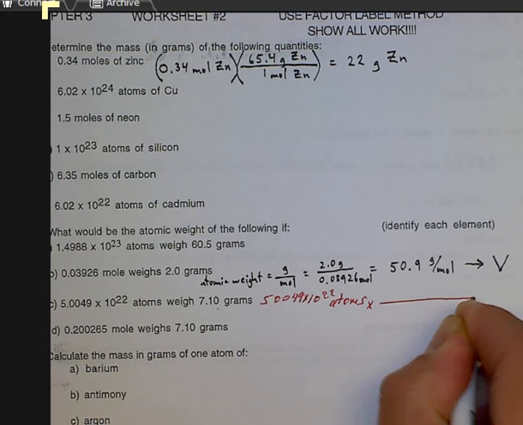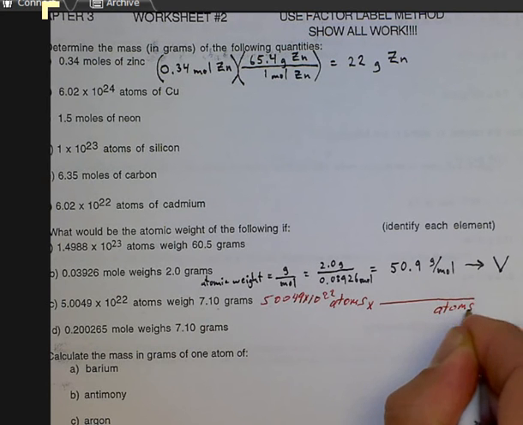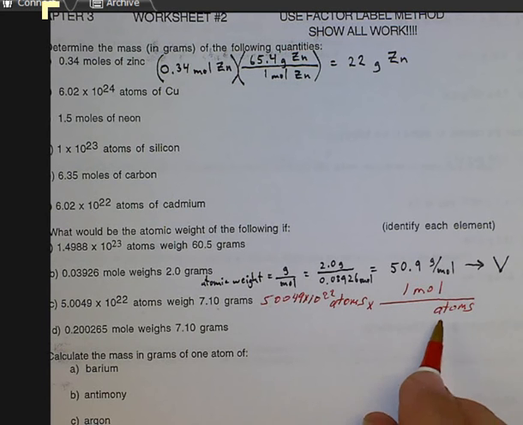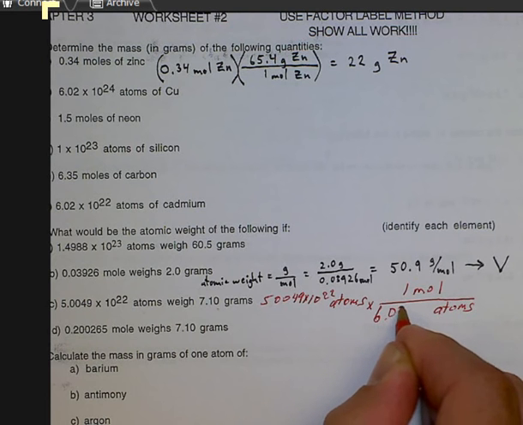So remember, what we're doing here is we're taking the unit that we have here, atoms, and putting it on the bottom, and we're putting moles on the top. Now we know there are Avogadro's number of atoms in 1 mole of anything. So we're going to write in 6.02 times 10 to the 23rd.